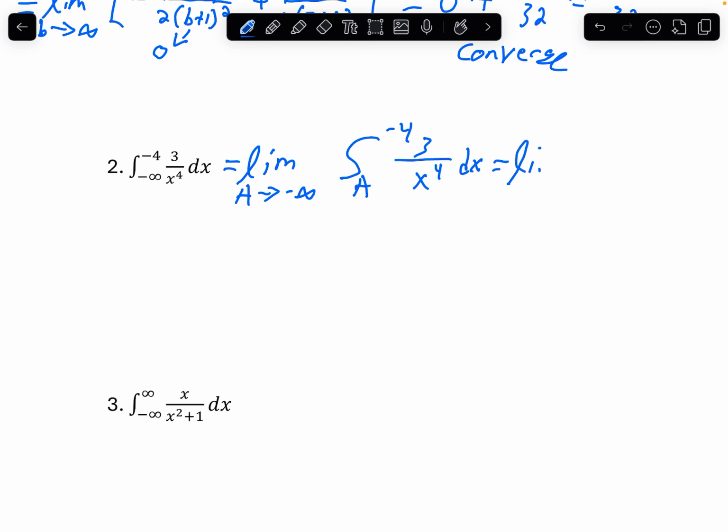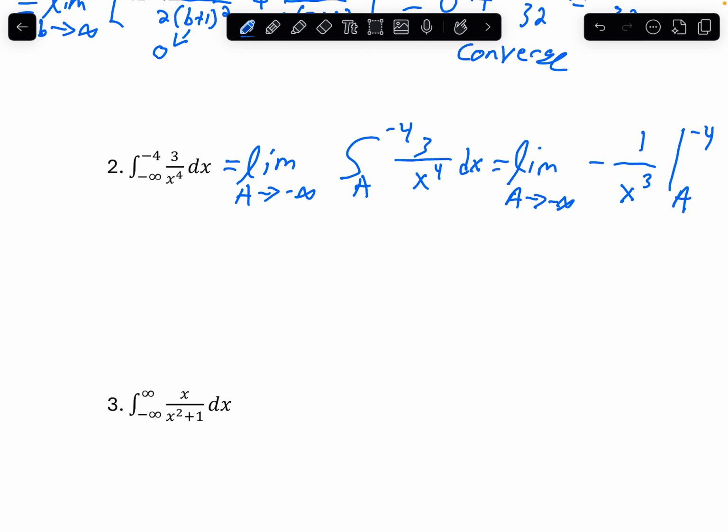So using that integration, this is the limit as a approaches negative infinity of, this would be negative 1 over x cubed, and this is evaluated from a to negative 4.